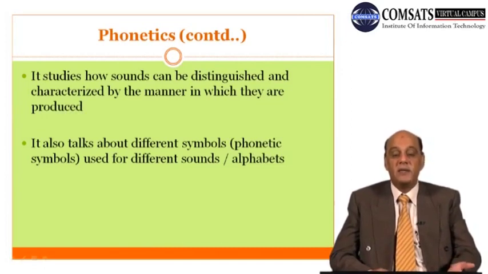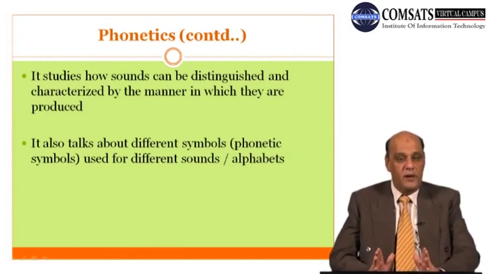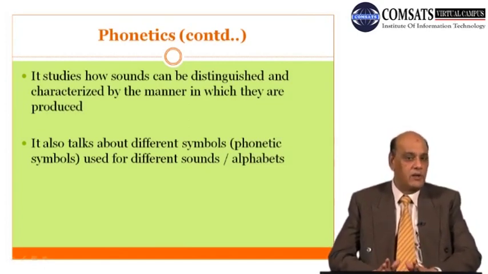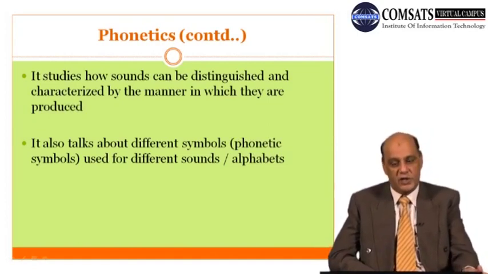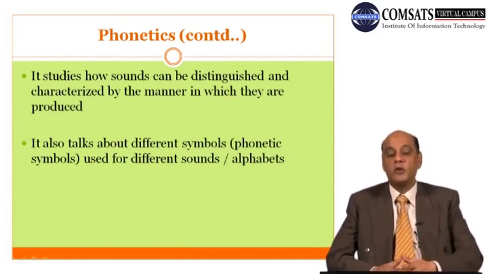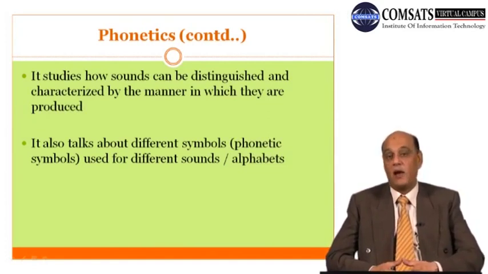So phonetics studies basically how the sounds can be distinguished from the other sounds, and it also studies how they are characterized. There is a certain character, a certain action, or a certain response given to each sound. When a child utters those sounds, the mother associates those sounds with certain actions. It also talks about different phonetic symbols used for different sounds and alphabets.